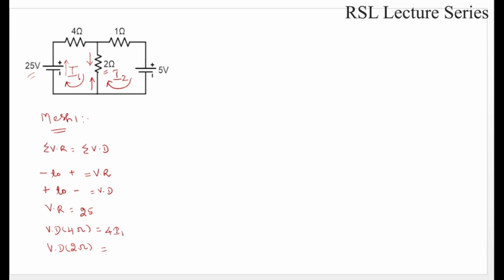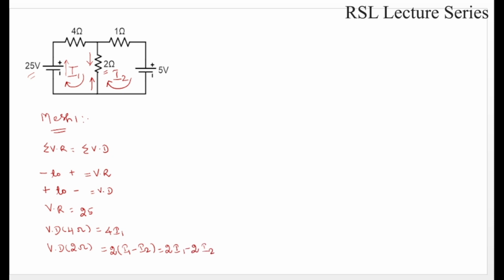While writing for mesh 1 we consider it as I1 minus I2. The resistance value is 2, so the voltage drop is 2 into I1 minus I2. Multiplying 2 inside, we get 2I1 minus 2I2.